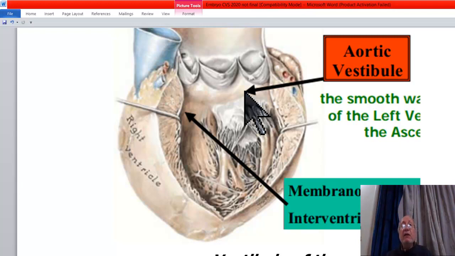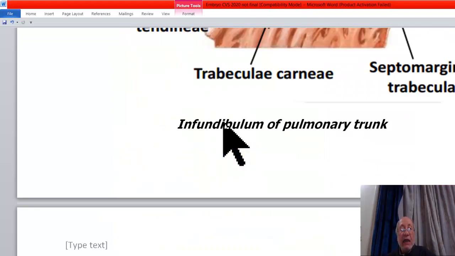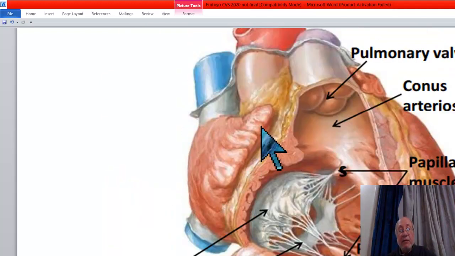The primitive common ventricle forms most of this rough part, most of the left ventricle, and the inlet part of the right ventricle.